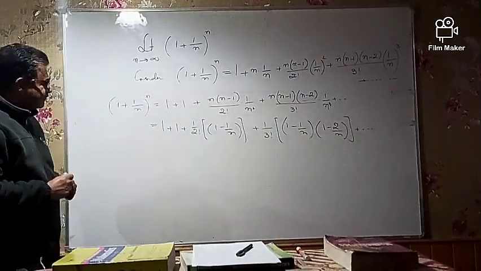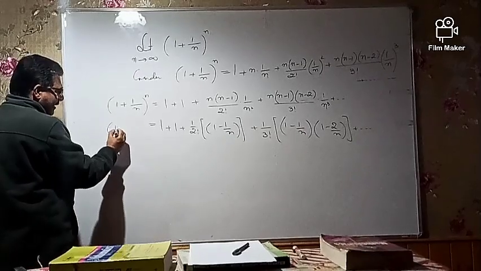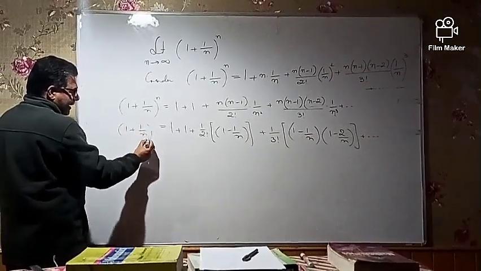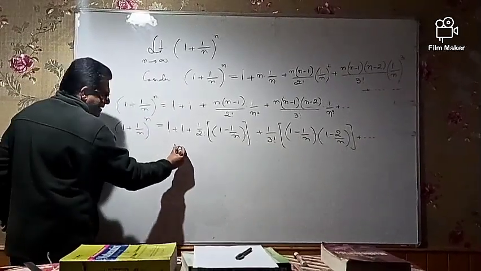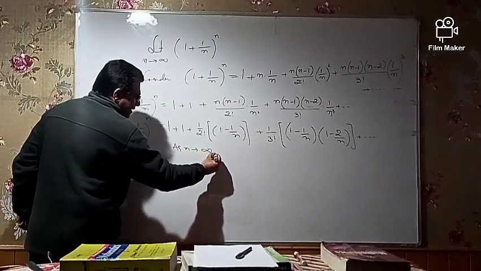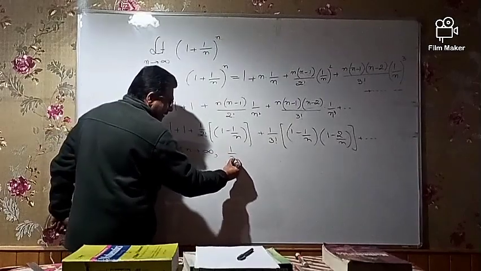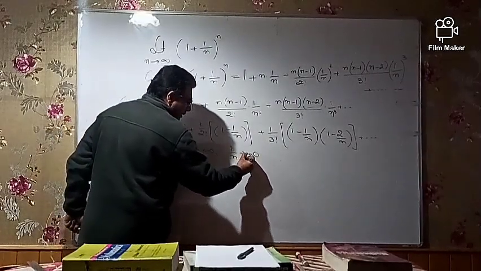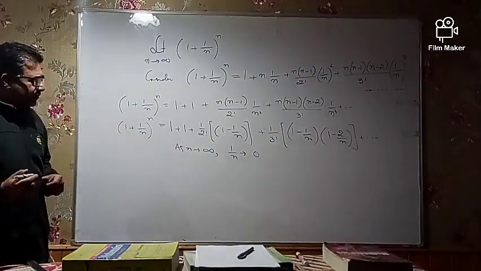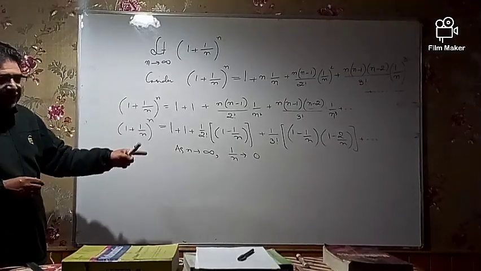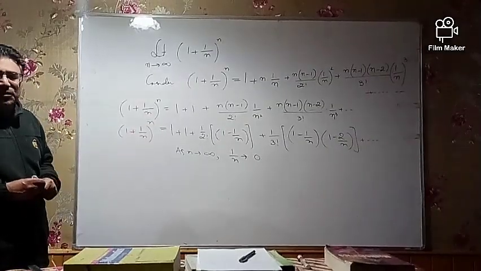Right? Now see, this is 1 plus 1 by n raised to power n. Now as n will tend to infinity, what will happen to 1 by n? 1 by n will tend to 0. As in the previous lecture, we have seen n tends to infinity, 1 by n will be equal to 0.